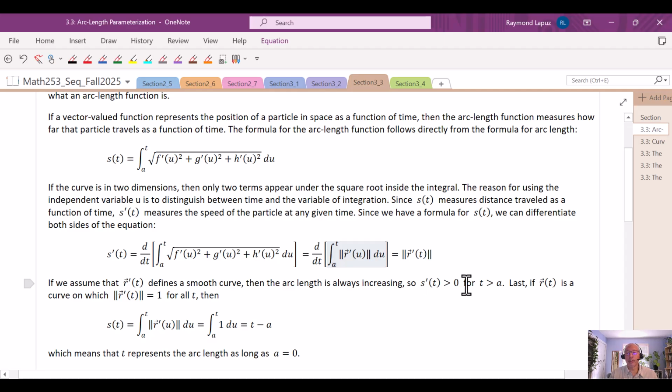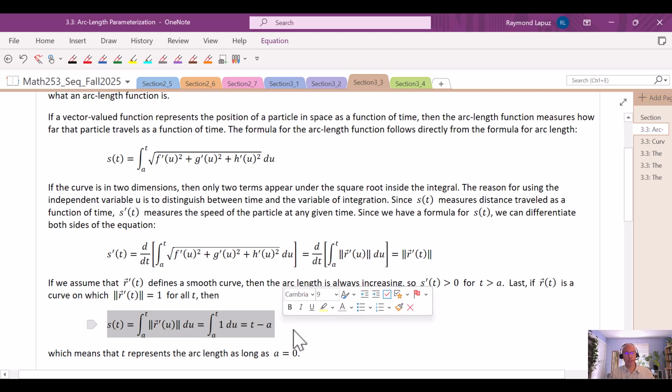S prime of t is always bigger than 0 for t bigger than a. And then if r of t is a curve where the magnitude of the derivative is equal to 1, then s of t is just going to be equal to this, which means that t represents the arc length itself.